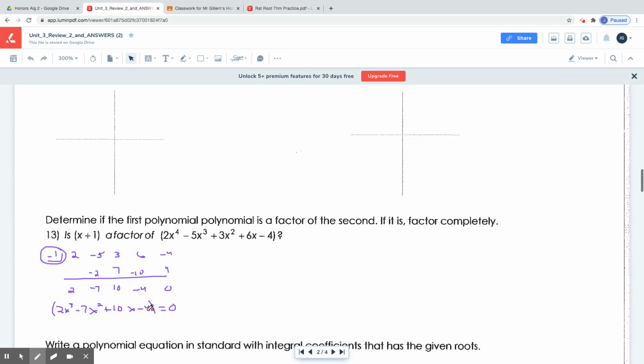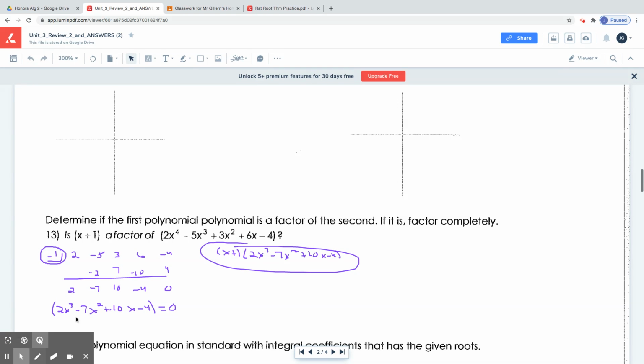You could check to see if any other possible rationals go in. They do not. So it is completely factored: x plus 1 times 2x cubed minus 7x squared plus 10x minus 4. And there you go, there are your answers.